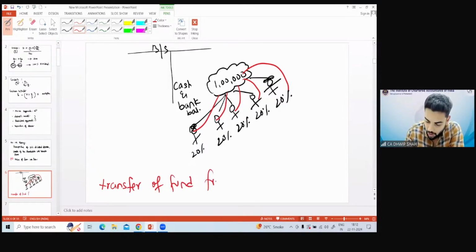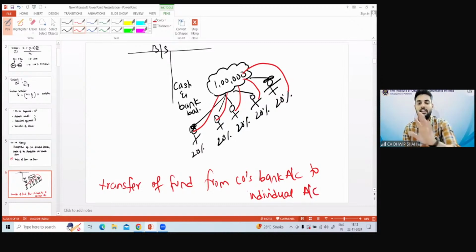A transfer of funds from the company's bank account to the individual bank account. Are you getting this? So in this case, is the wealth of the shareholder changing? It is just a mere transfer of funds from the company's bank account to the individual bank account.